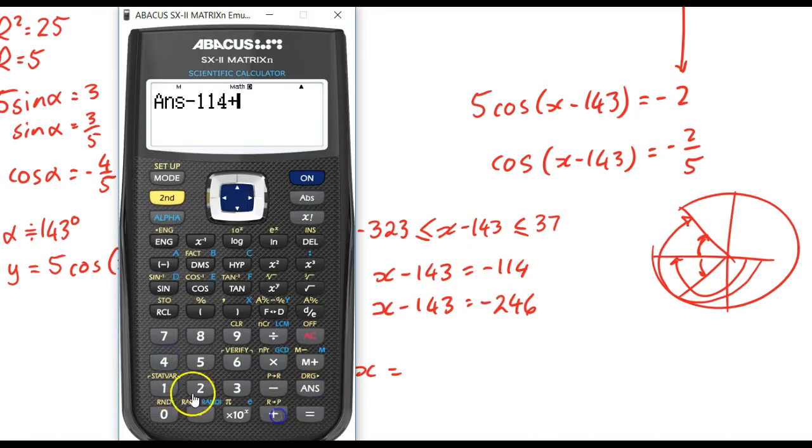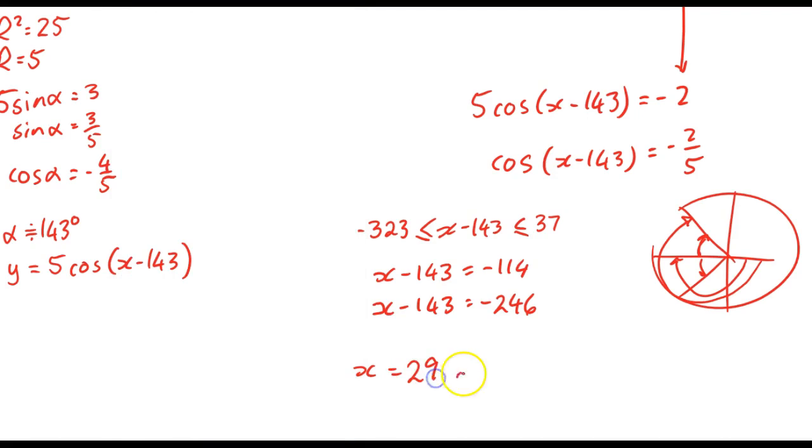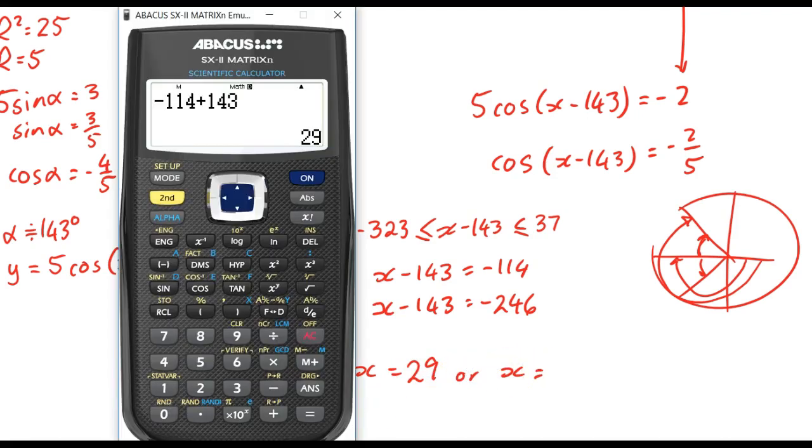Negative 114 plus 143 gives me, no, negative 114 plus 143 equals 29, or x equals, let's grab this one, all clear, negative 246 plus 143 equals negative 103.